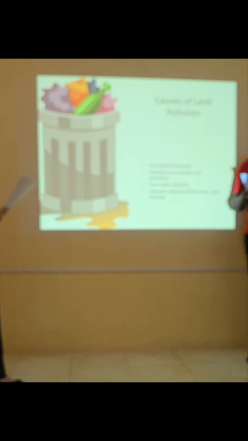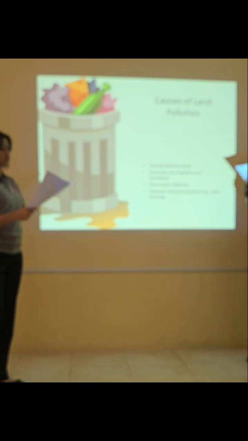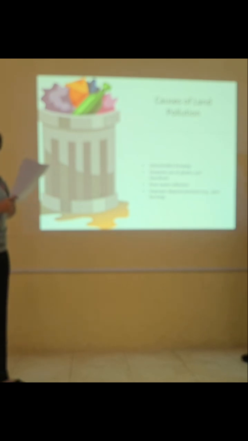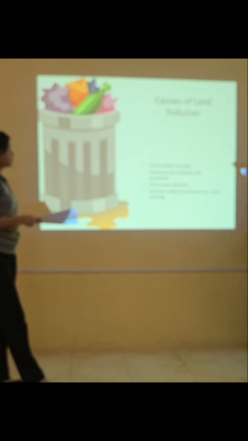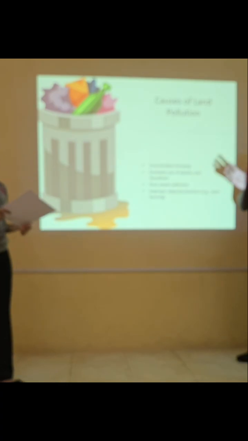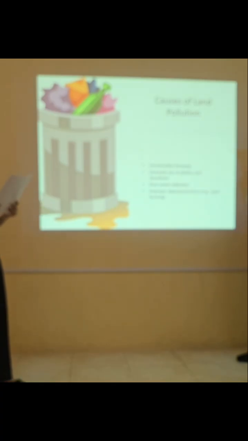So for the causes of land pollution, let's begin with the major ones. The first one, and the most obvious, is uncontrolled dump sites where garbage is thrown everywhere, even in waterways.